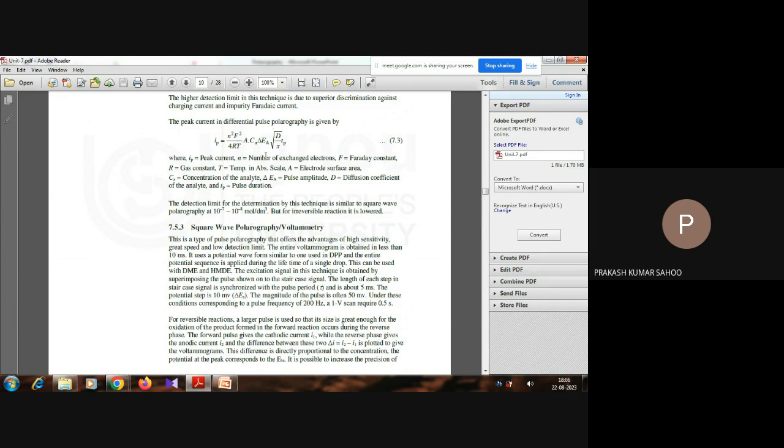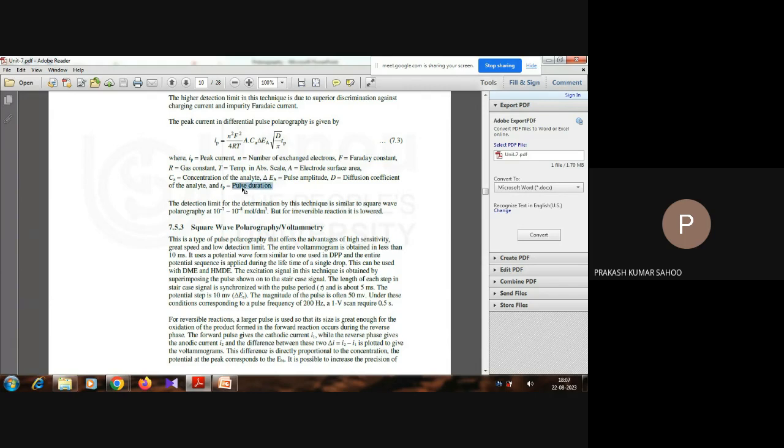Where Ip is the peak current, n is the number of electrons transferred or exchanged, F is the Faraday constant, R is the universal gas constant, T is temperature in Kelvin, A is surface area, Ca is the concentration of analyte, then Ea is the pulse amplitude, the differential pulse amplitude. D is the diffusion coefficient, and dp will be the pulse duration.